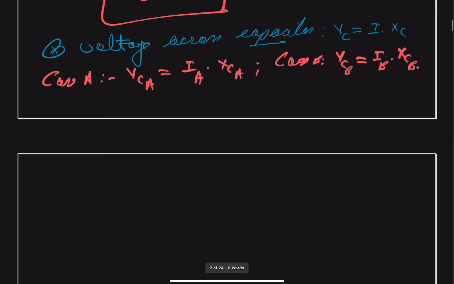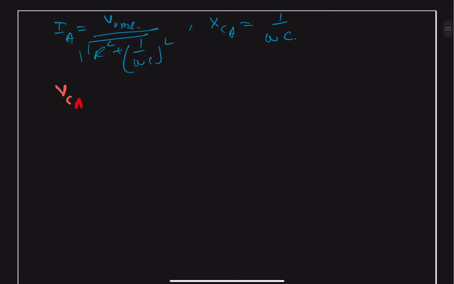So IA is equal to VRMS divided by the square root of R square plus (1 upon omega C) whole square, and our XCA will be equal to 1 upon omega C. So therefore VCA will be equal to VRMS divided by the square root of R square plus (1 upon omega C) whole square, multiplied by 1 upon omega C.